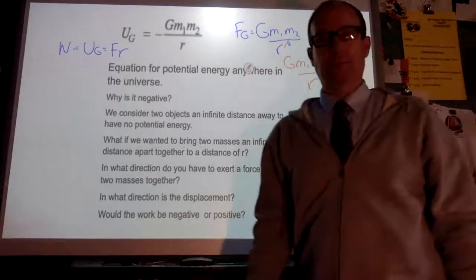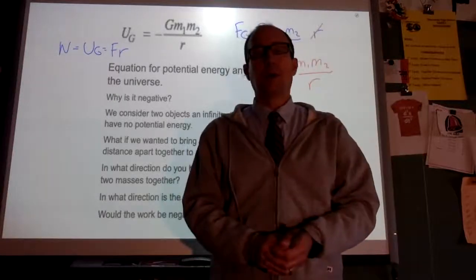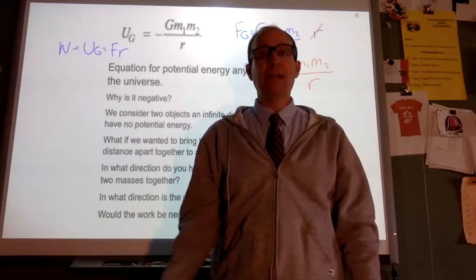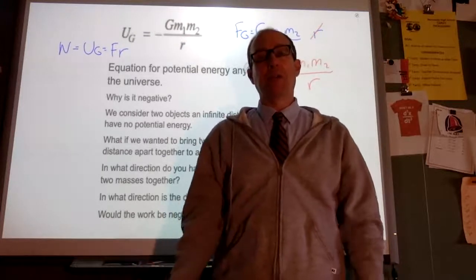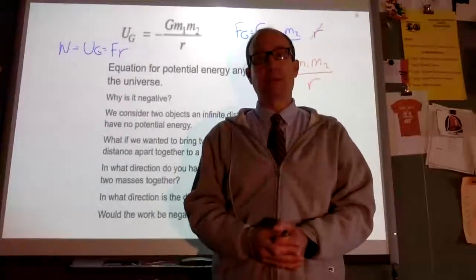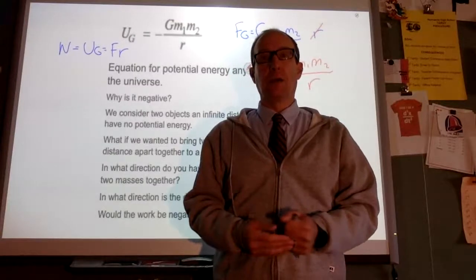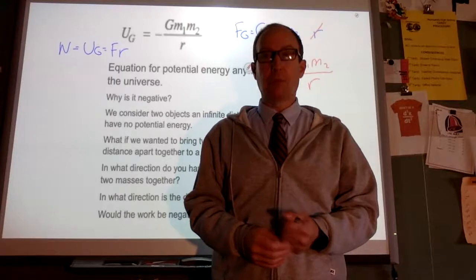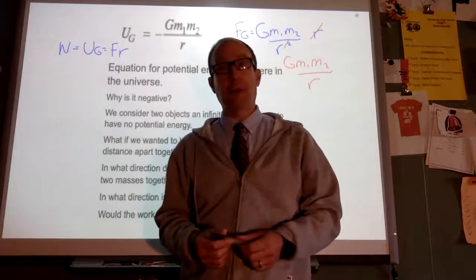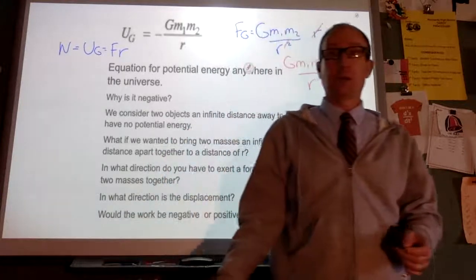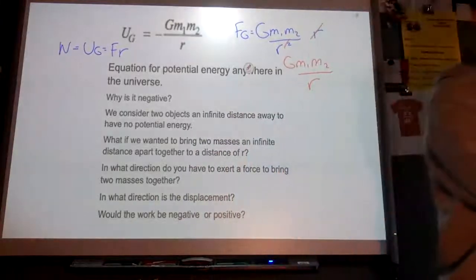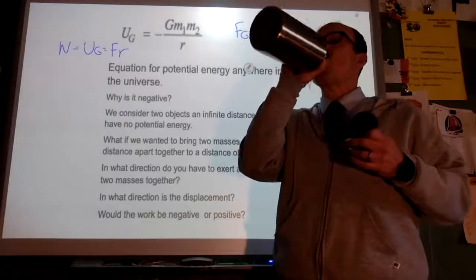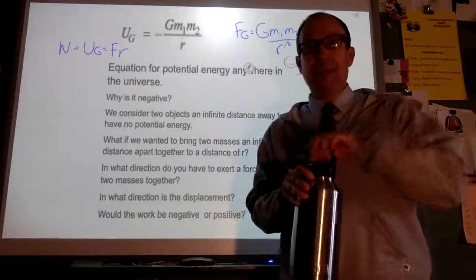Why is it negative? I've told you guys about a number of conventions we had. They're just things that we agree upon so we can study physics the same way. We talked about it always being an inertial reference frame. So we're in a non-accelerating reference frame at all times. That way Newton's laws work. We talked about assuming there is no air resistance for the most part, unless they tell you that it is.